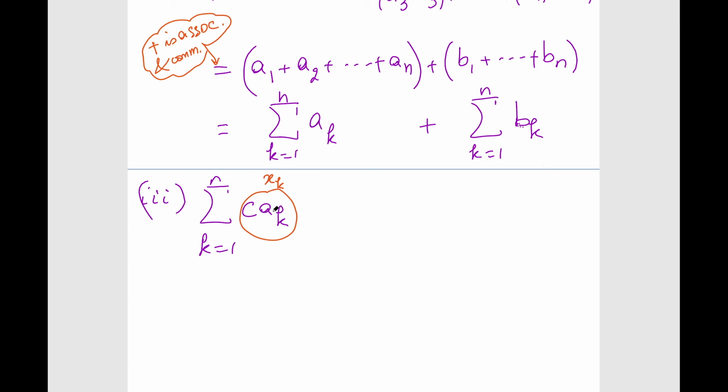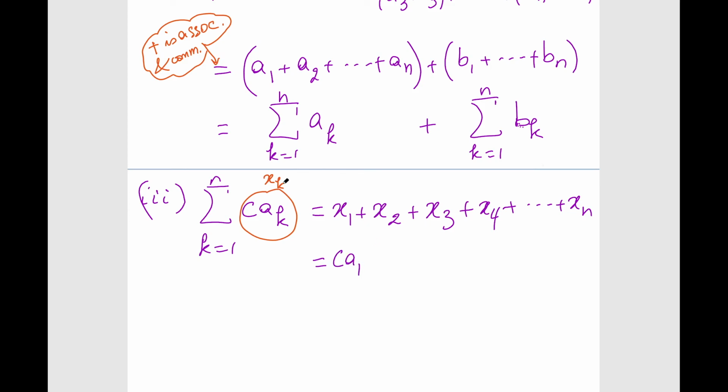Ignore this for the moment. This sigma becomes sigma, k goes from 1 to n, of x_k. What does it mean? Well, it's x1 plus x2 plus x3 plus x4 plus dot dot dot all the way to xn. Now, each x_k is c a_k. What's x1? x1 is c a1.